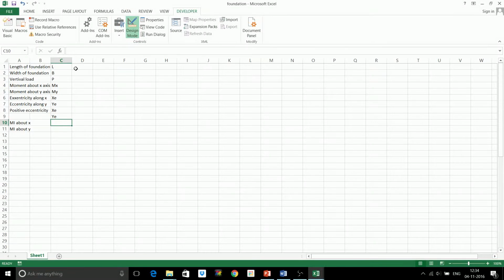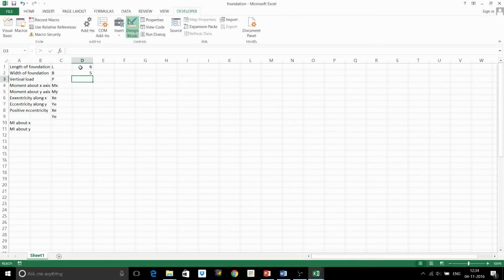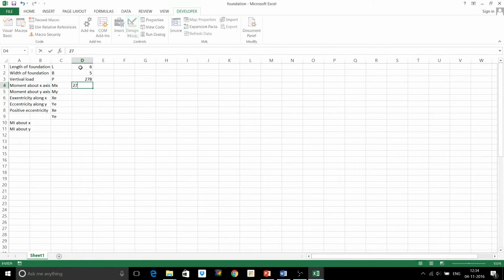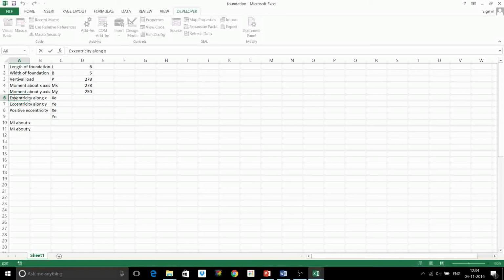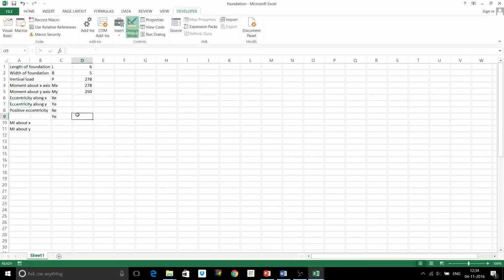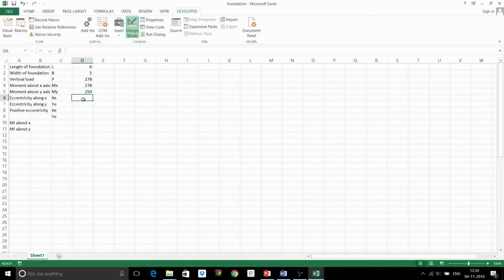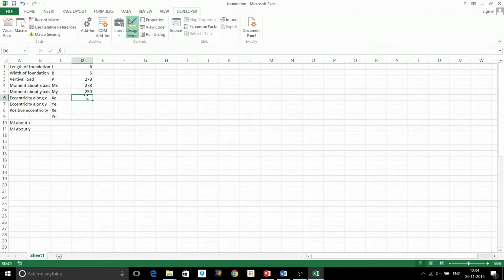Okay. So here I will use a predefined set which I have now, so that it will be easy to validate our program. 6 meters, 5 meters, 278, 278, 250. Then eccentricity. If I consider upward y as positive and left to right x as positive, then it will give me a positive eccentricity.